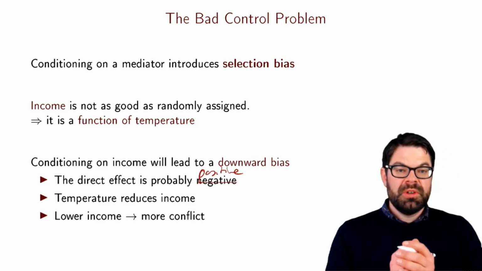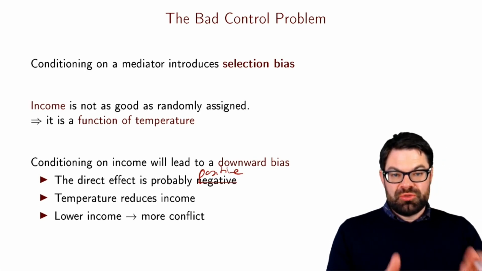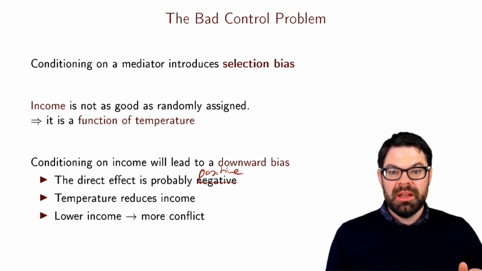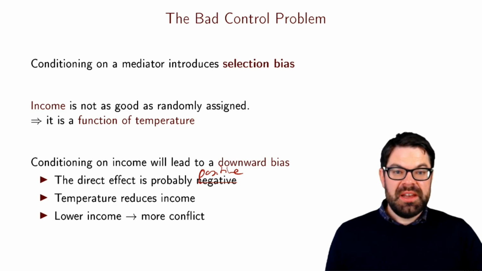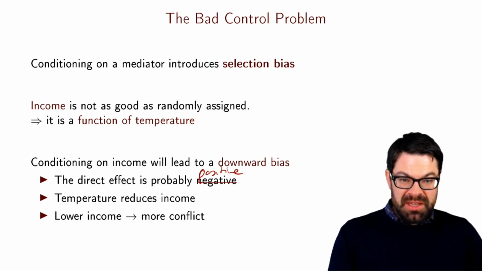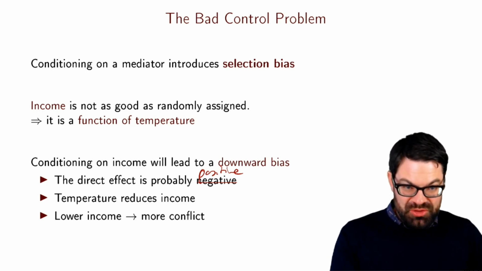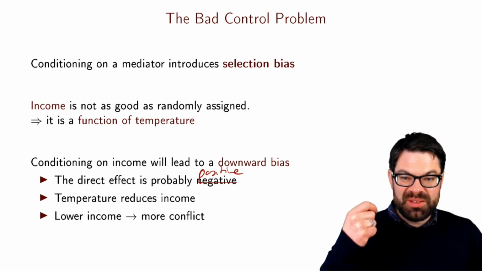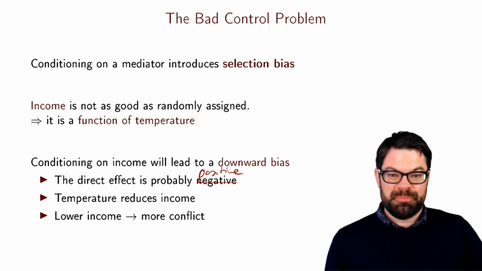When we control for variables in a regression or in a matching framework, we want to do away with selection bias. The problem when we condition on a mediator is that we actually introduce selection bias. And so we can actually make the problem a lot worse.